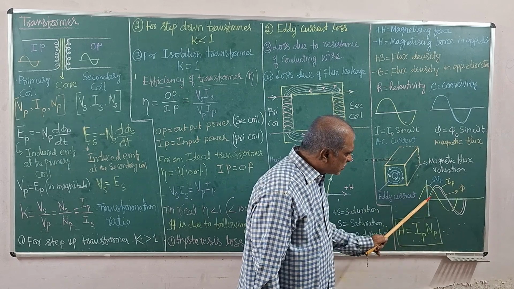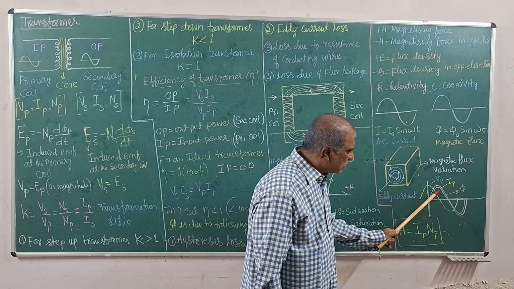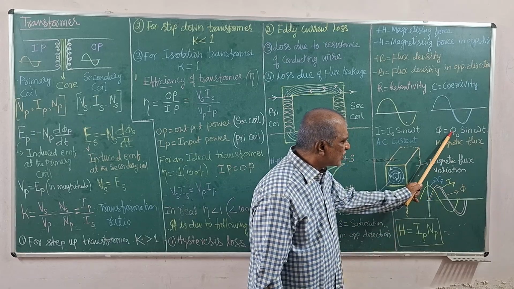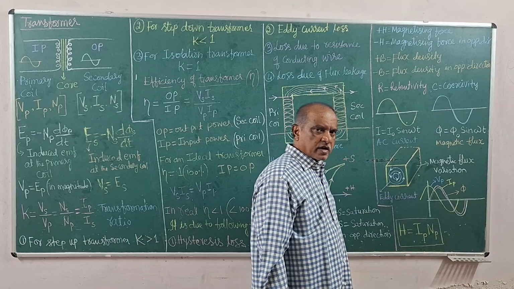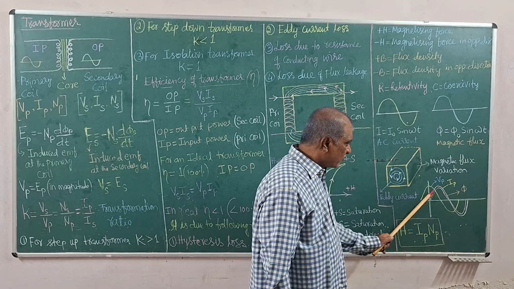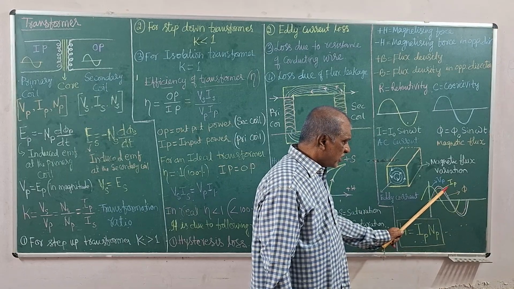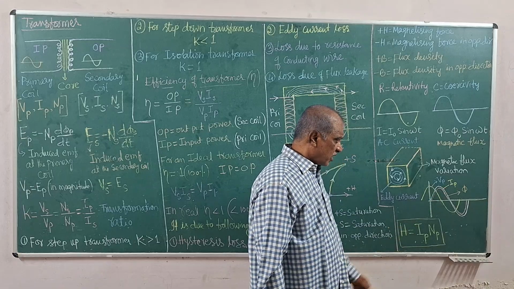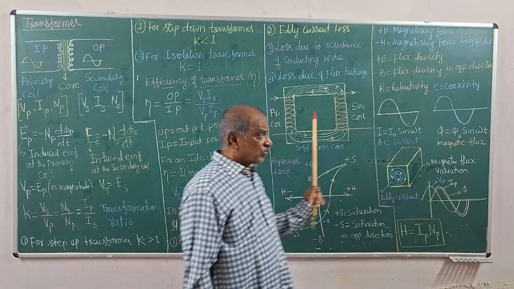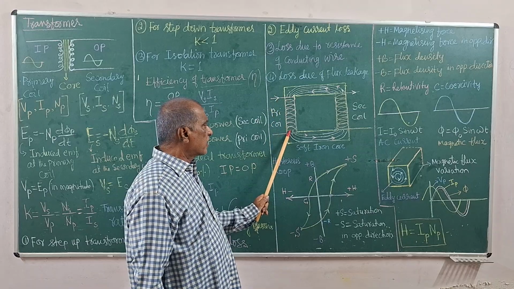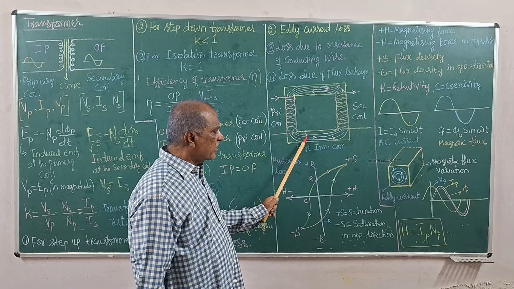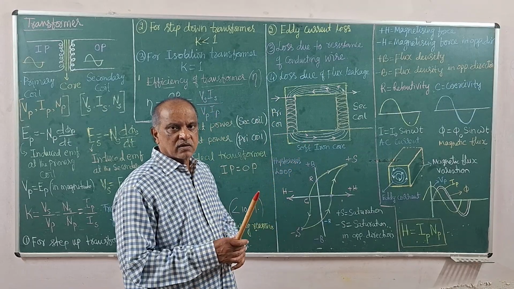And look at this pink sinusoidal wave for the flux. It is the same as the current. The AC current in the coil and the magnetic flux in the iron are in the same phase.